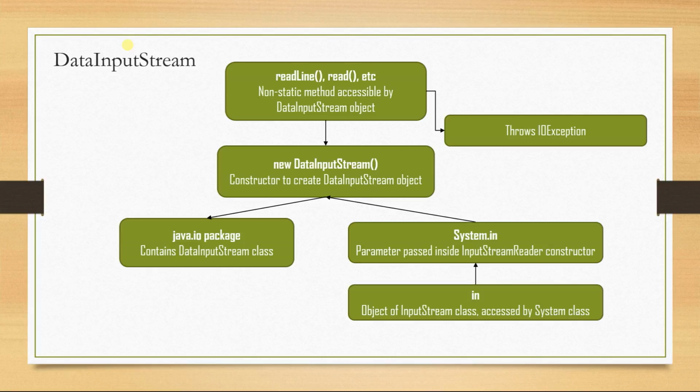These methods throw IOException, so we have to write the line throws IOException next to the method where we are using these. Now these objects can be created from the constructor, that is DataInputStream. DataInputStream accepts a parameter, that is System.in. As we already know what System.in does, it gets the object of the InputStream class. Now DataInputStream is present inside the java.io package, so we have to import it.